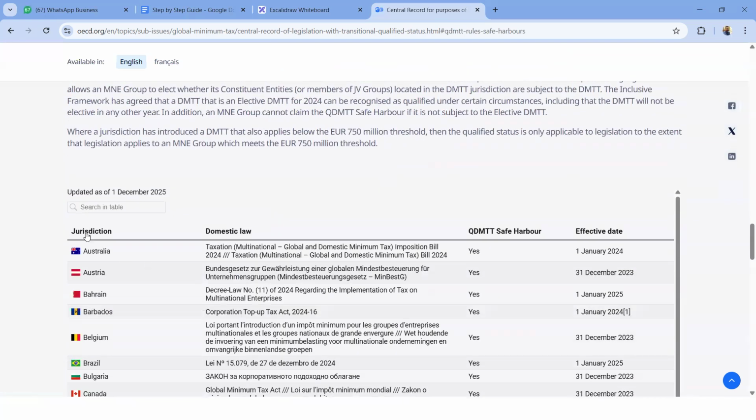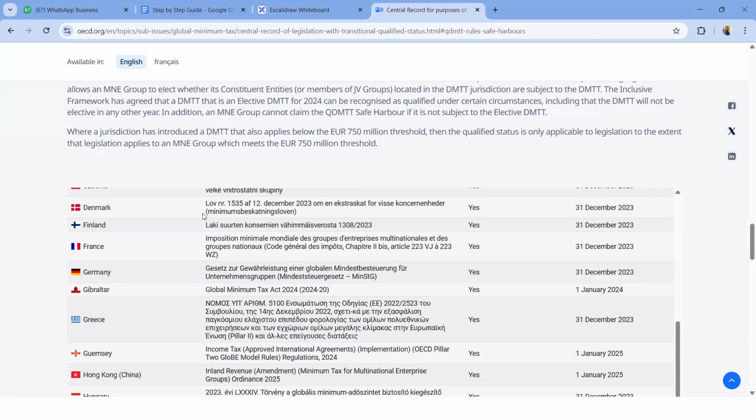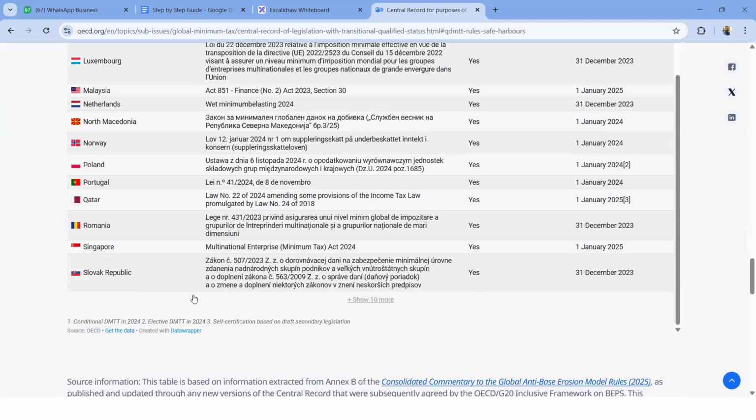You can see they have mentioned the regulation, which is the DMTT regulation, and this is a QDMTT. All the mentions here are QDMTT, not just DMTT. They are mentioning what their tax law is and whether it is a QDMTT safe harbor also. Both should be the same, then only it will go. Let's see the status of UAE if it is there.